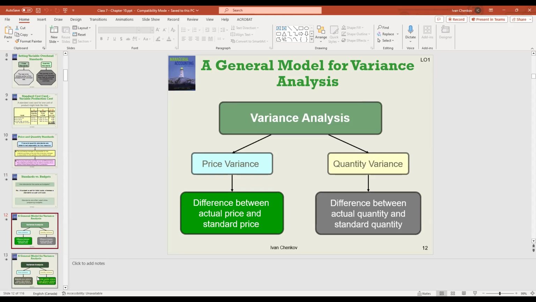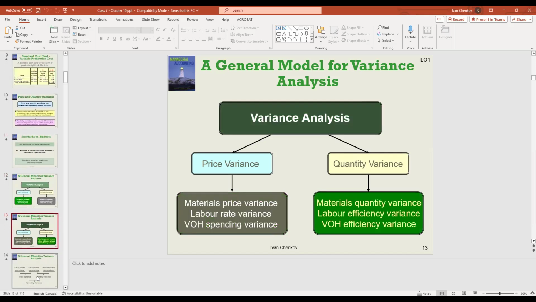Price variance will be the difference between the actual price that we pay versus the standard price that we apply to our standards. Quantity variance will be the difference between the actual quantity that we're using versus the quantity that we're supposed to use based on our standards.